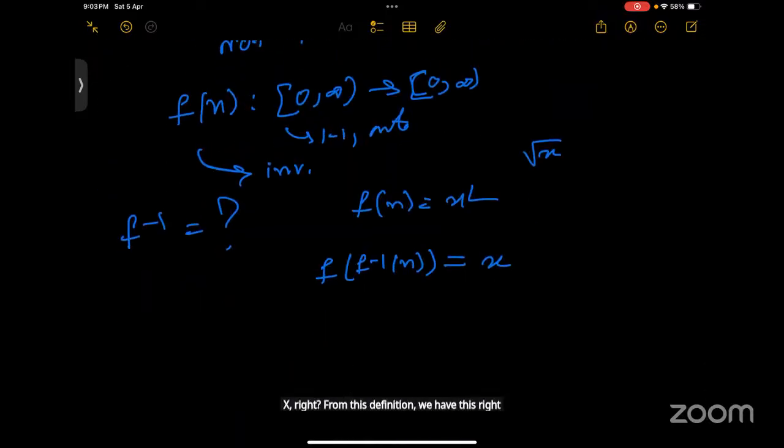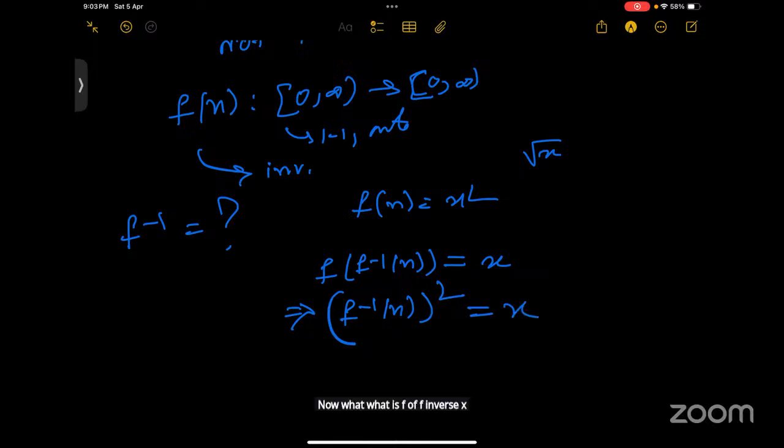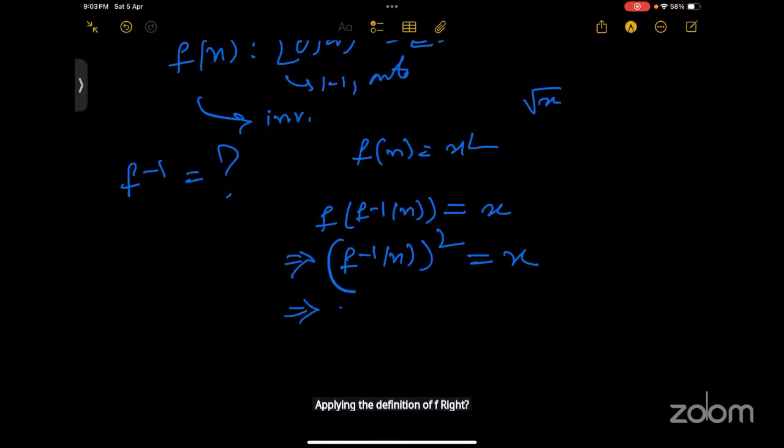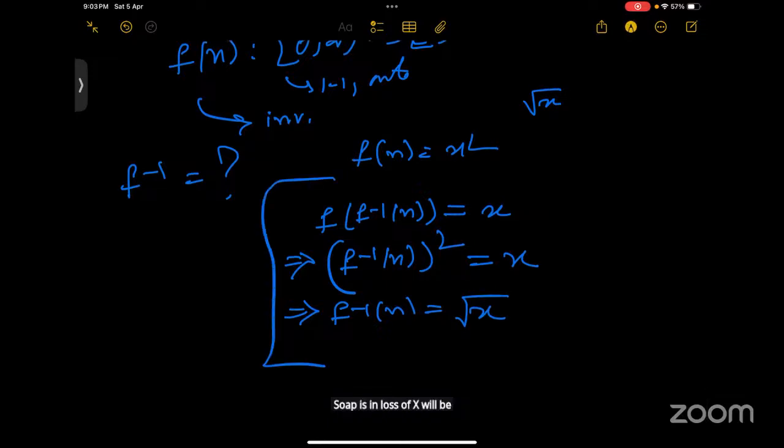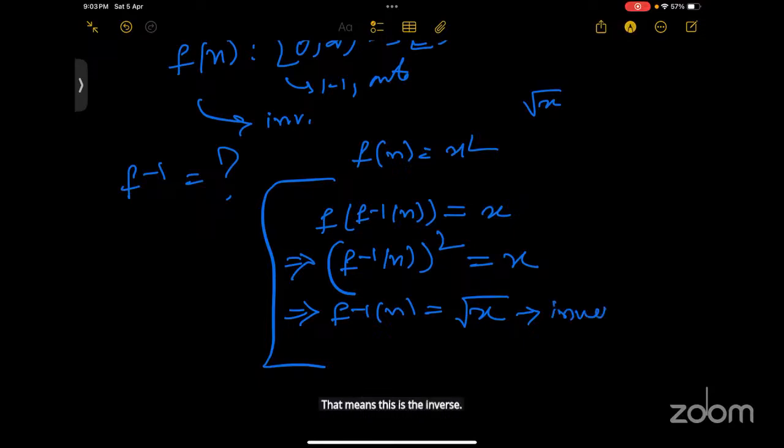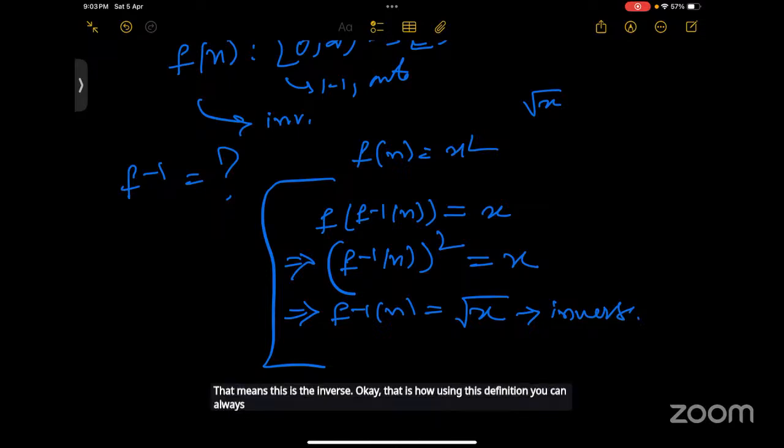Now what is f of f inverse of x? This equals x, right? Applying the definition of f. So f inverse of x will be square root of x. Fine. That means this is the inverse. That is how, using this definition, you can always find the inverse of some function.